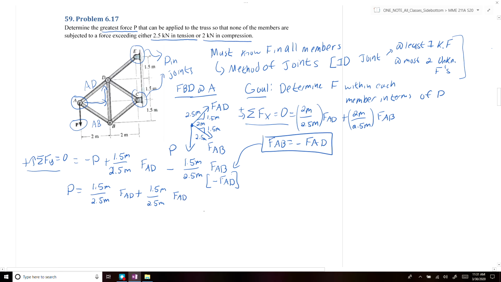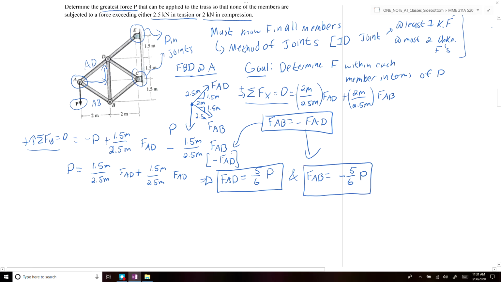What we'll end up getting is that FAD will be equal to 5/6 times P. And from the sum of the forces in the x direction, we know that FAB will be equal to minus 5/6 times the applied force P.